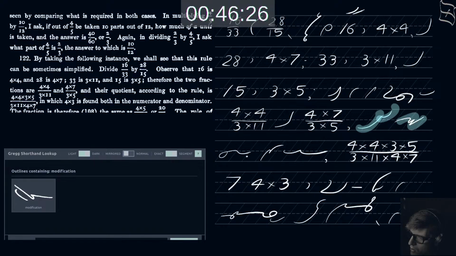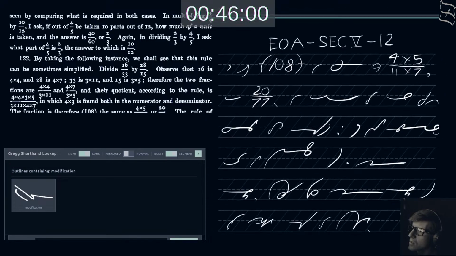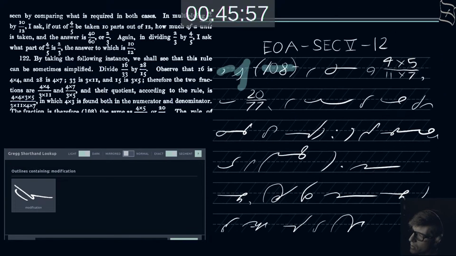And their quotient, according to the rule, is 4 times 4 times 3 times 5 all over 3 times 11 times 4 times 7, in which 4 times 3 is found in both the numerator and the denominator. The fraction is therefore, according to Article 108, the same as 4 times 5 over 11 times 7, or 20 over 77.